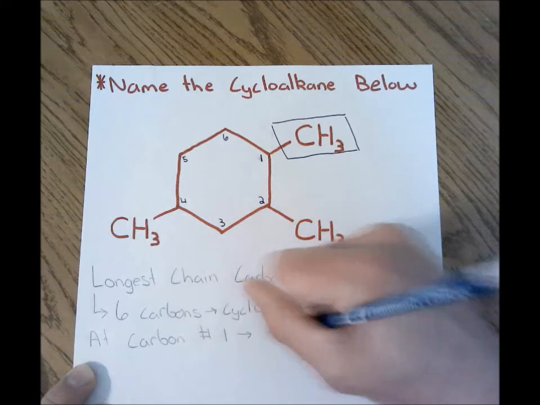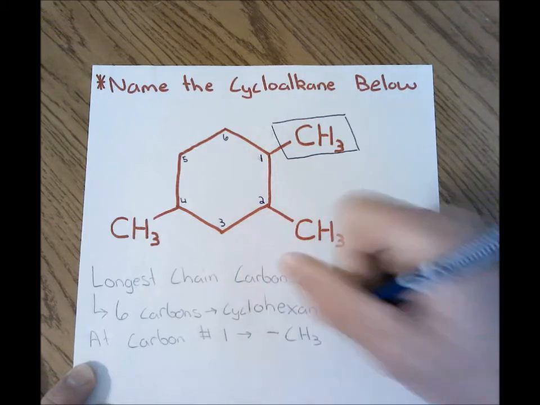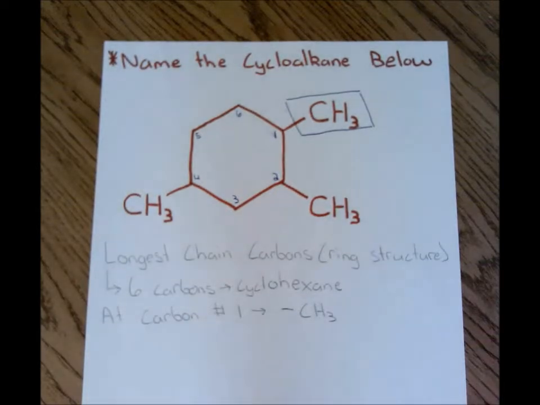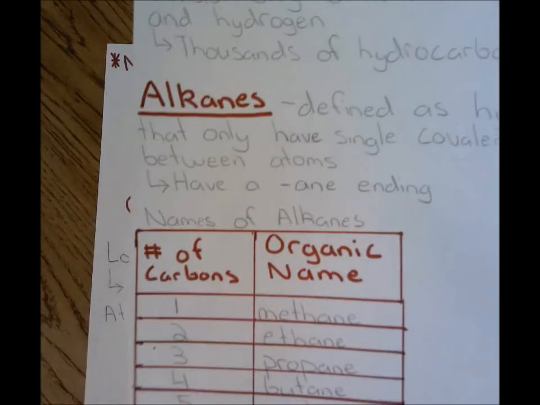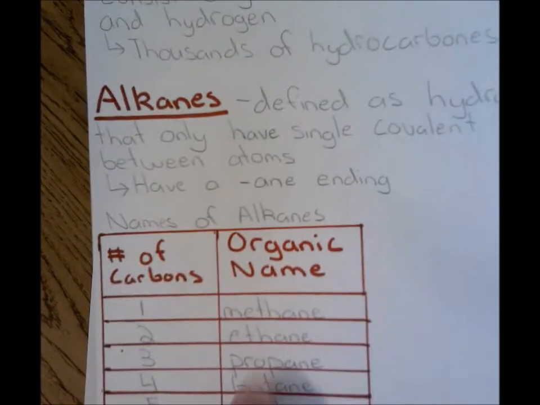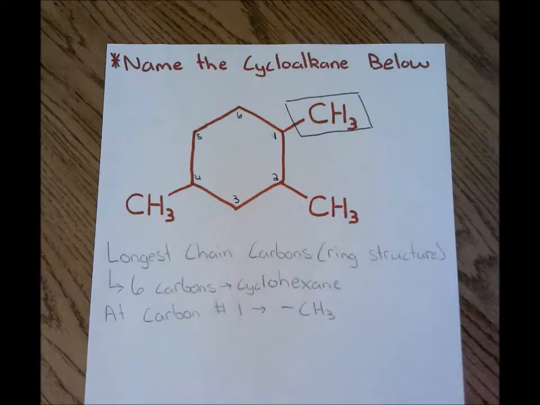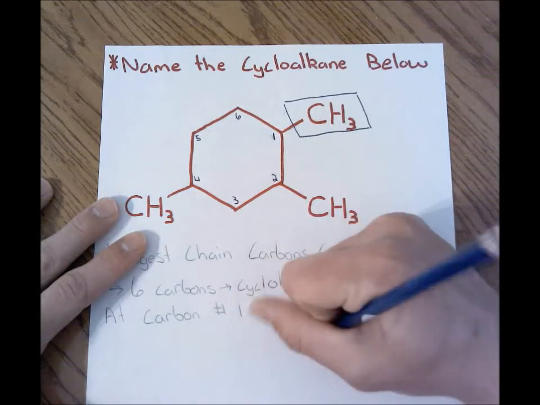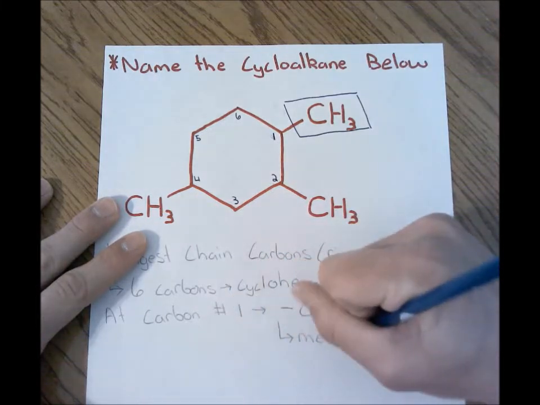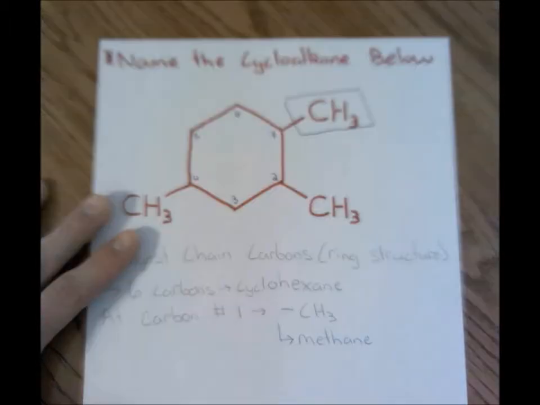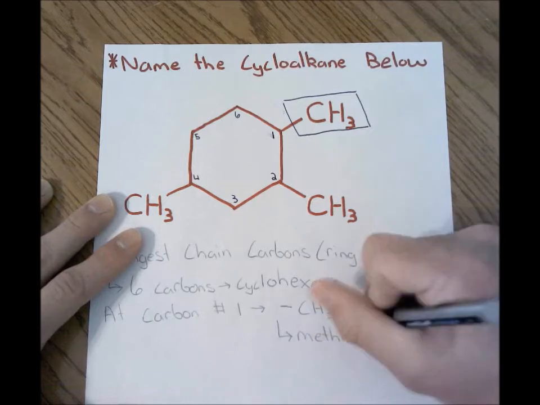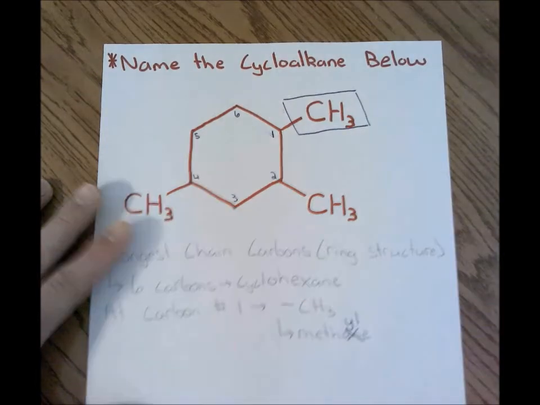And again, if you get out this handy dandy chart, something with 1 carbon is given the name methane. Now, we don't name it methane. We can't have that ane ending. So we have to chop off the ane ending, because it's a branch, and put on yl.